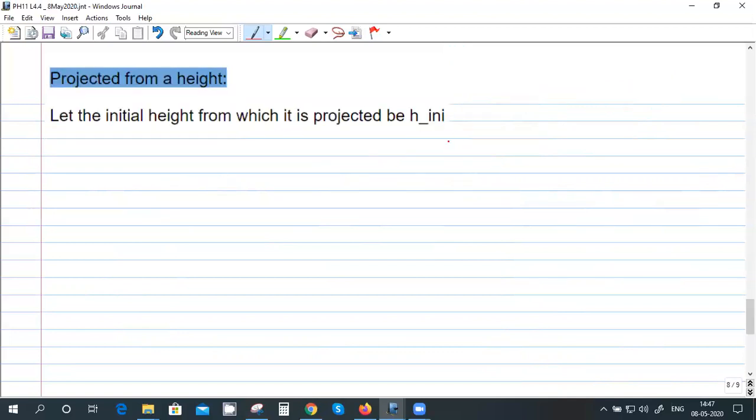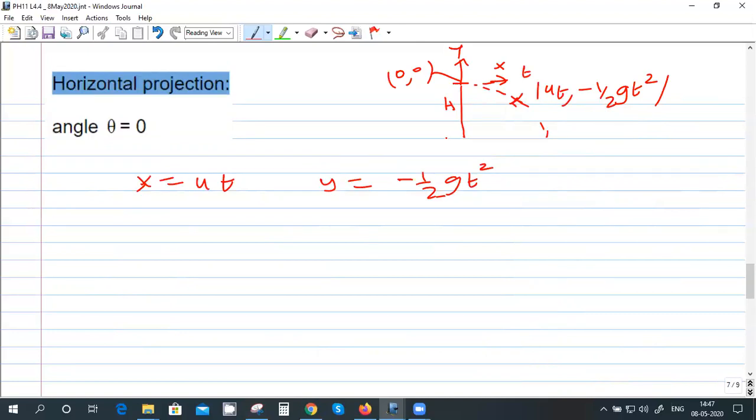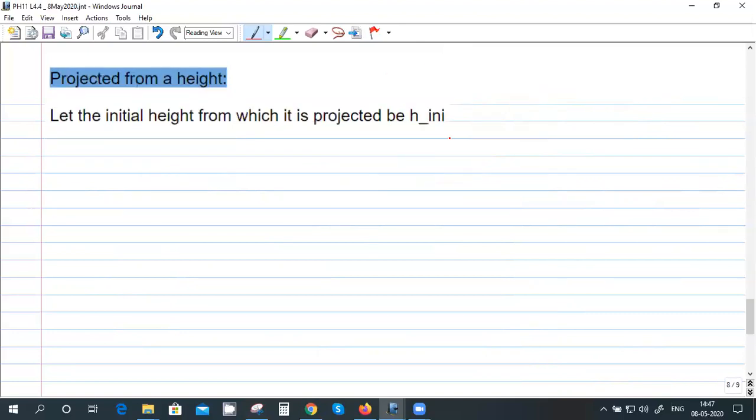So similarly for the case projected from a height, that depends on again where I choose my coordinates. It's projected here. So I choose my xy like this. This is origin. So again x equal to, there is some theta.